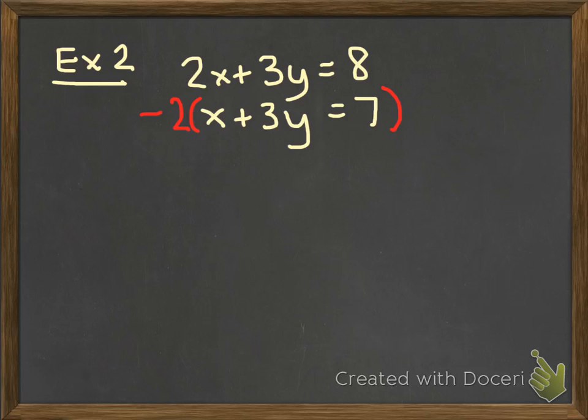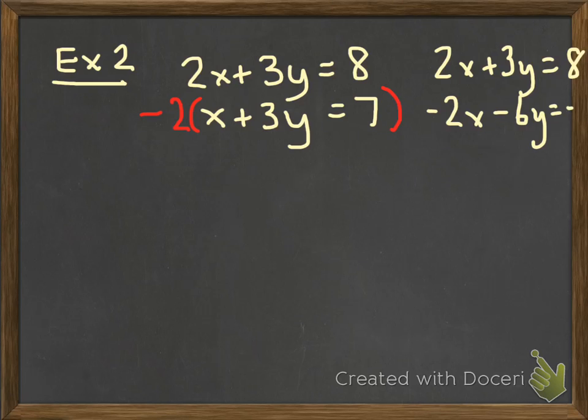So we still have the 2x plus 3y equals 8. And now the second equation is -2x minus 6y equals -14. Okay, and then we add going down, and what will happen is the x's will cancel out.